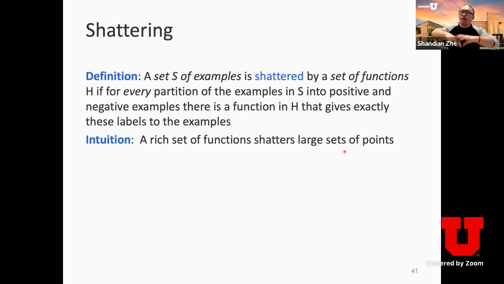However, if you enlarge your hypothesis space to include second order and third order polynomials, all kinds of polynomials, you are much more likely to shatter 14 points. That's the intuition. Later we'll showcase, for different families of classifiers, what their shattering capability and VC dimension are.